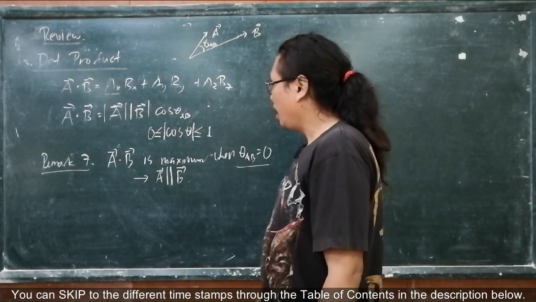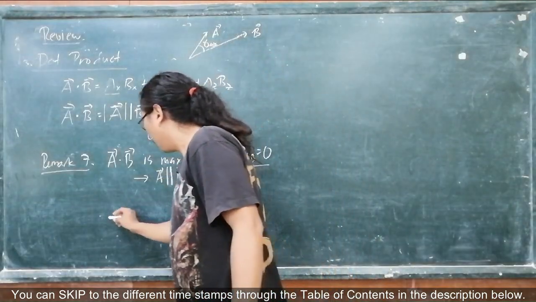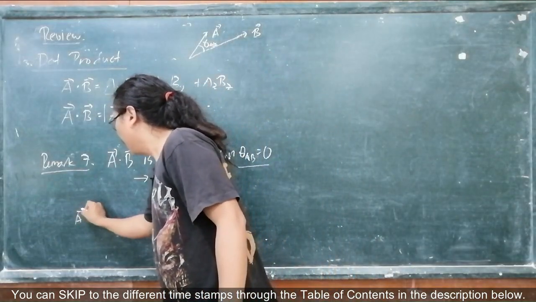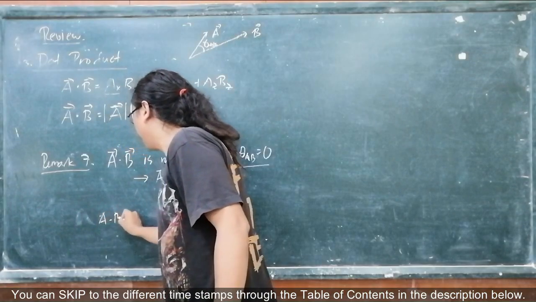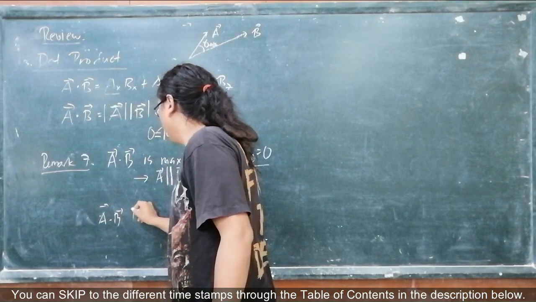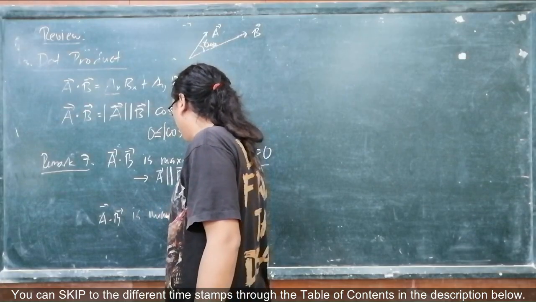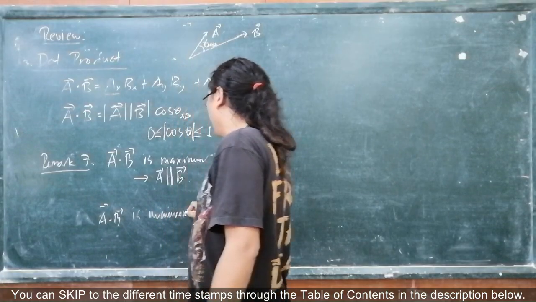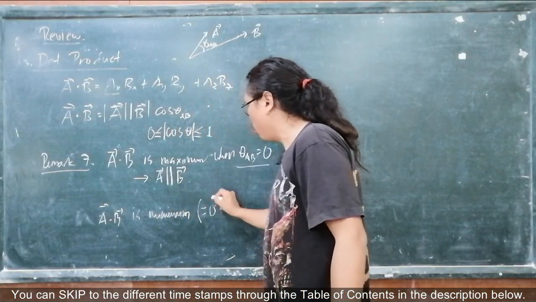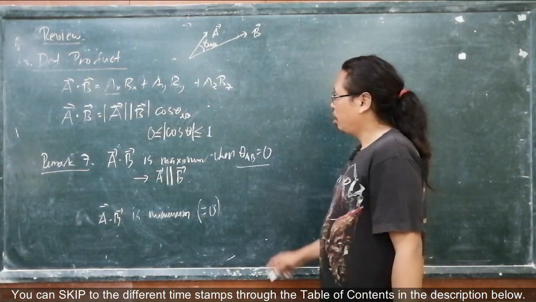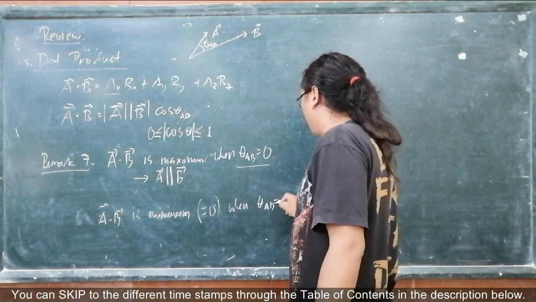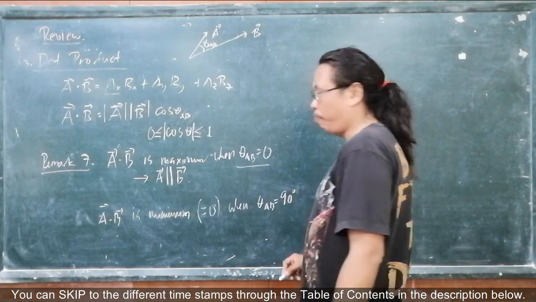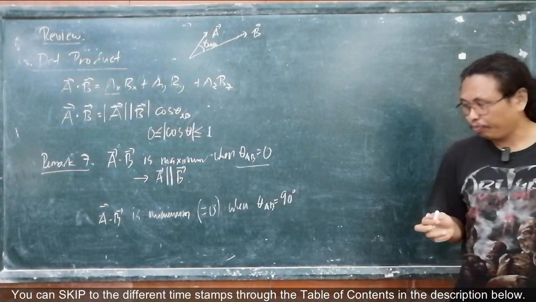And part of this is, A dot B is minimum. What's the minimum value of A dot B? That would be equal to 0, right? When theta AB equals 90 degrees or pi over 2.